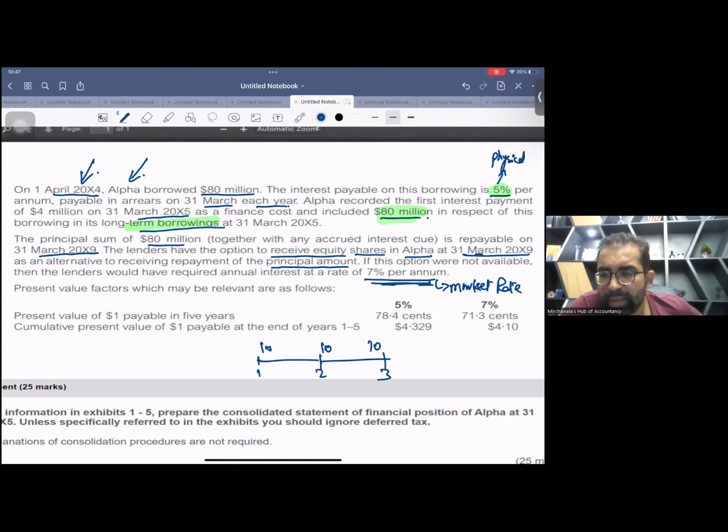Same payments and same interval of time. And for annuities you can use separate annuity factors as well.